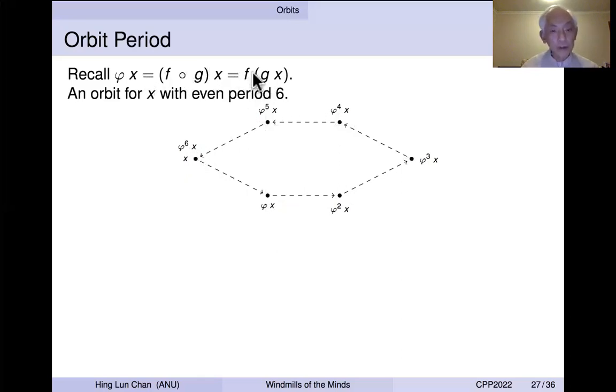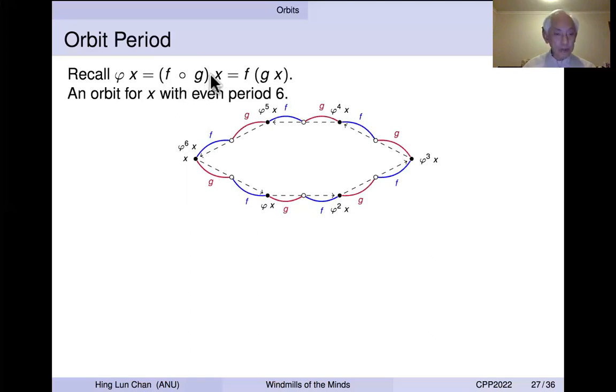But phi consists of f and g inside. So if you consider the f and g, which are involutions, then it is first g, then f. So first g, then f, first g, then f. And so there are some intermediate points, and I use a white circle for the intermediate points. So this is a picture for an orbit of phi with period 6.